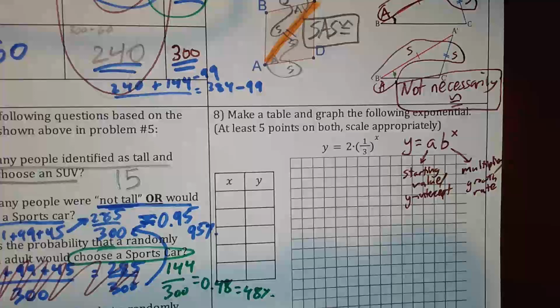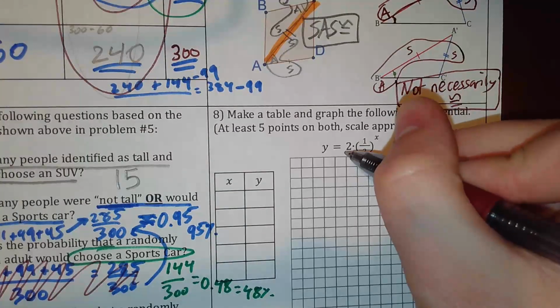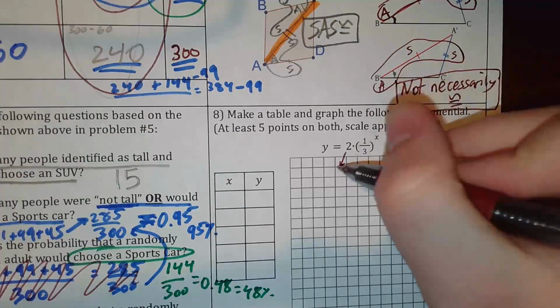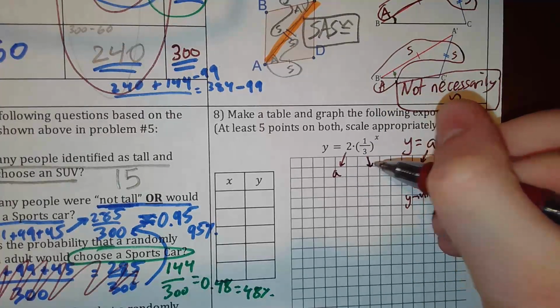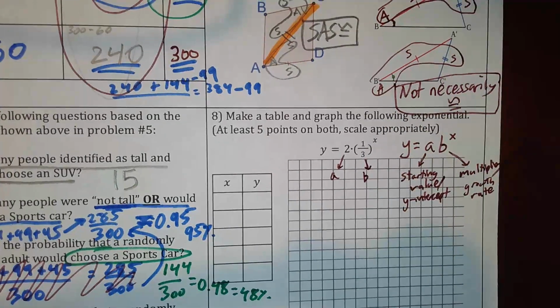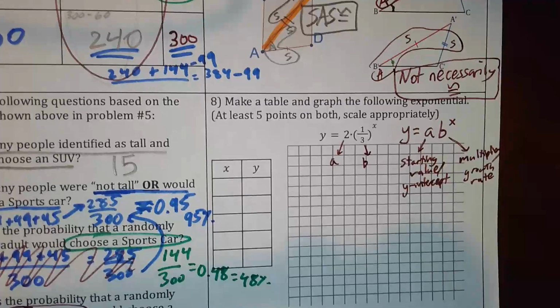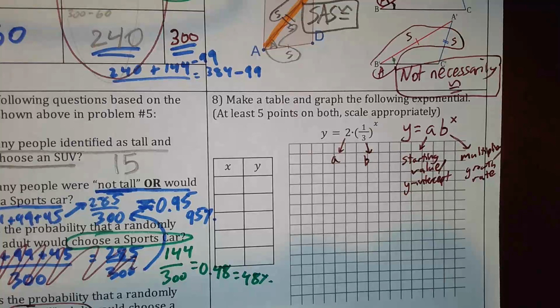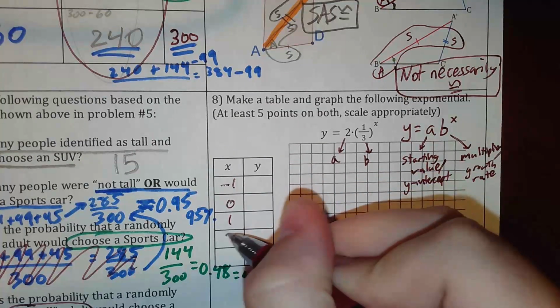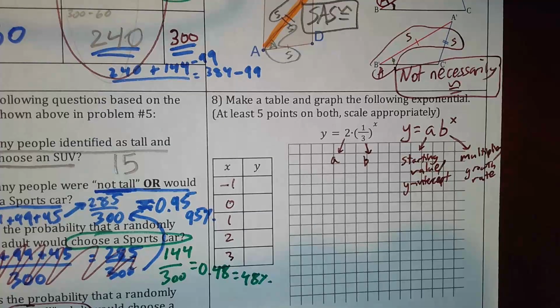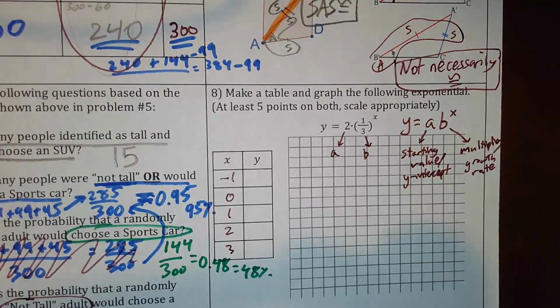According to this equation, 2 is our starting value and 1/3 is our multiplier, or growth rate. So I'm going to label the x values -1, 0, 1, 2, 3, just some numbers in a row.